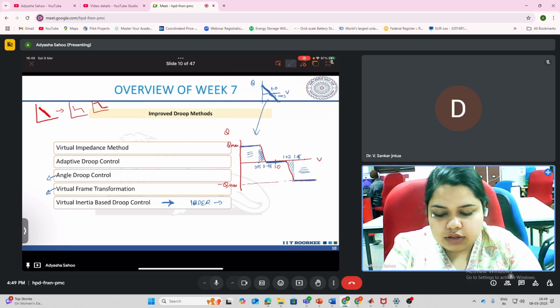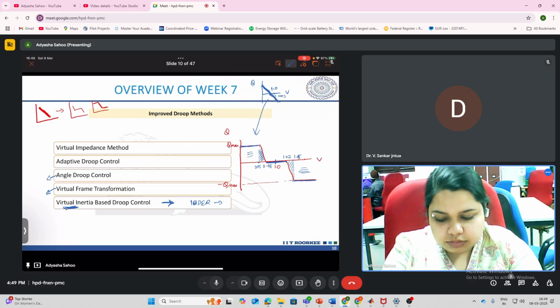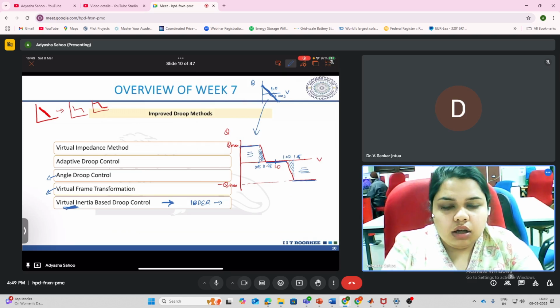So we have this virtual inertia concept where we try to mimic the characteristics of inertia using a controller, so that if the power mismatch is very small, this controller will act and stabilize the frequency. It will not let the frequency shoot up or go down.